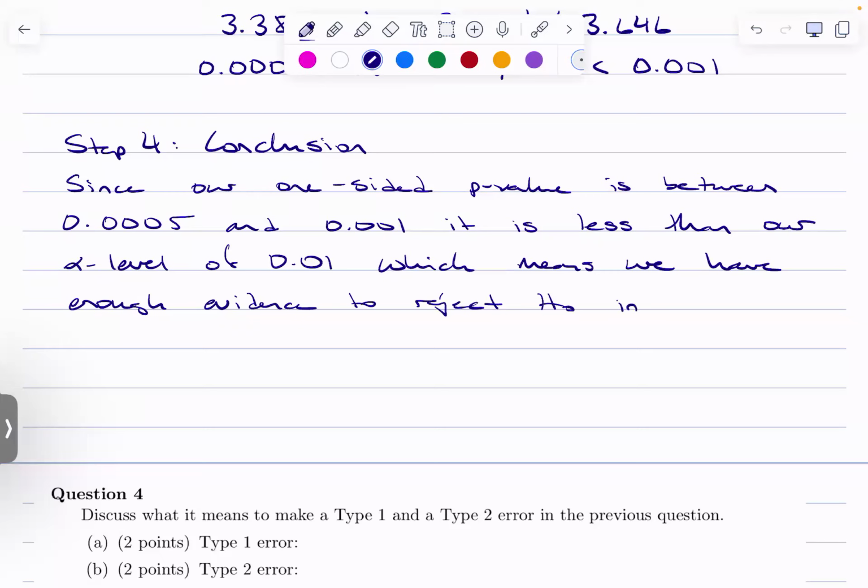And if I'm rejecting it, I tend to say in favor of HA. You don't have to, but I tend to.